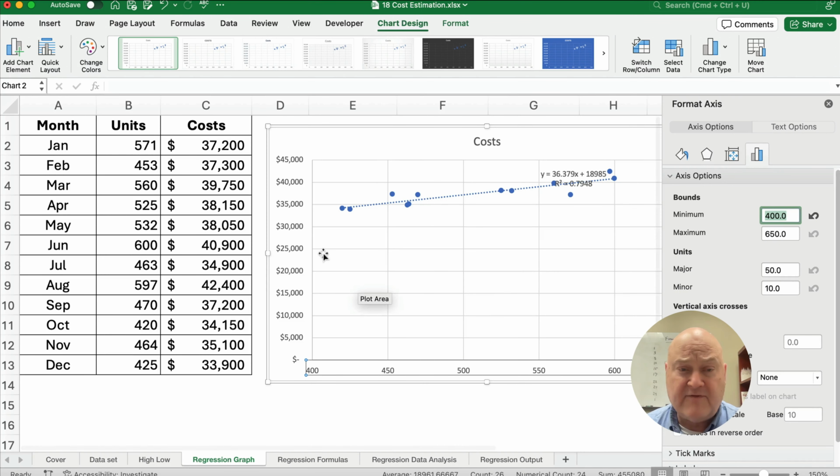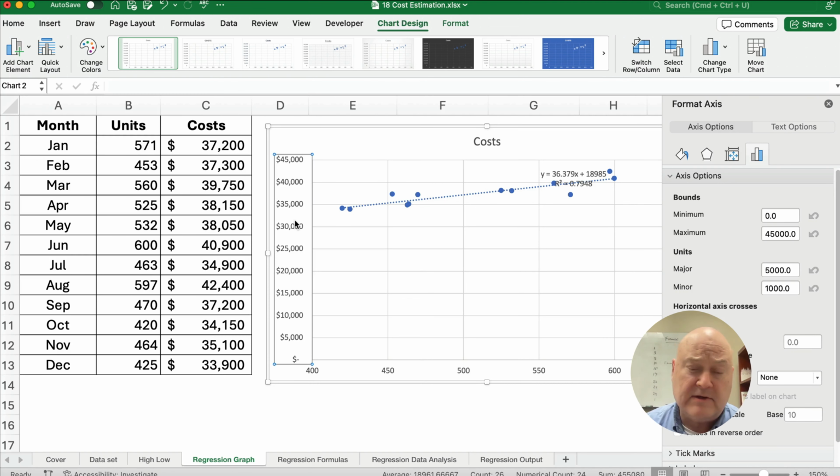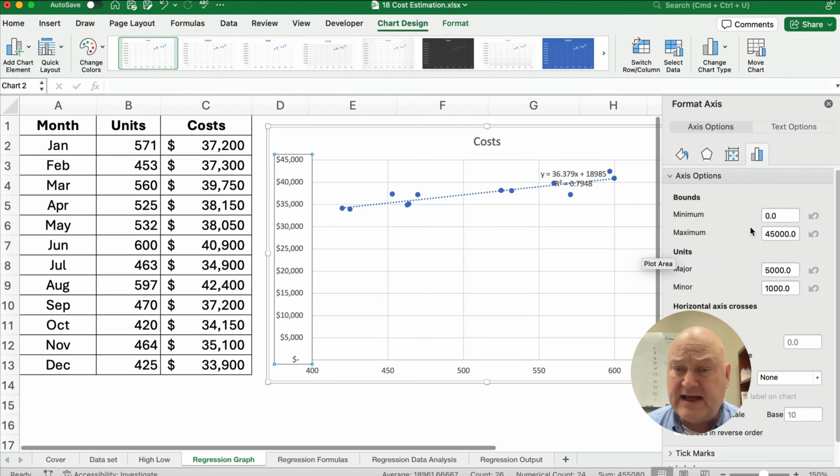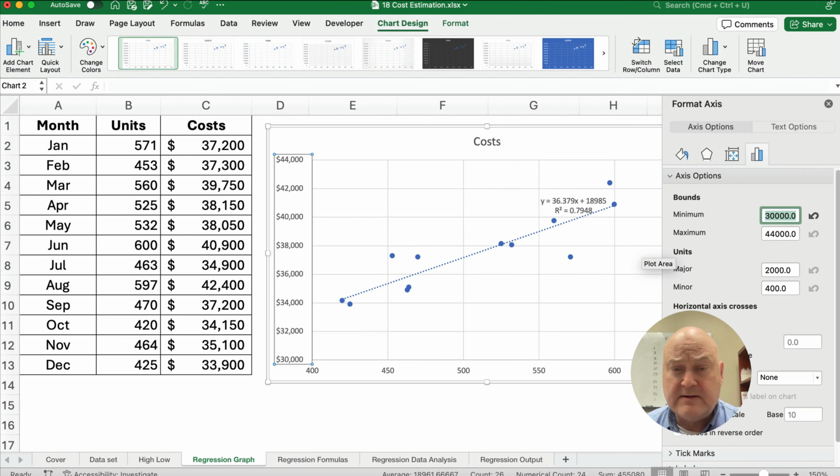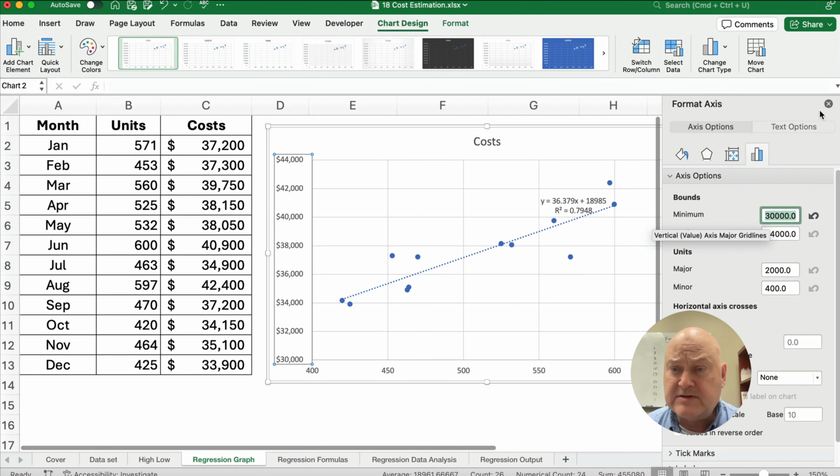And then for my vertical, the Y-axis, let's start at a minimum of like 30,000, so we can look at the data. So I do the same thing, 30,000. All right, so we're going to get a slope. We see the slope of the line and see how it works.